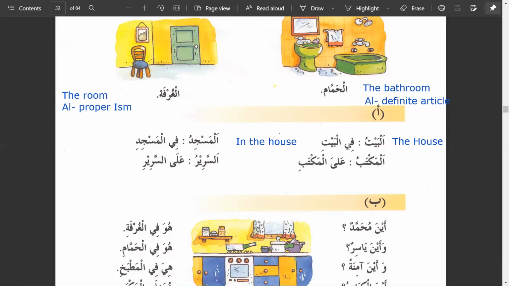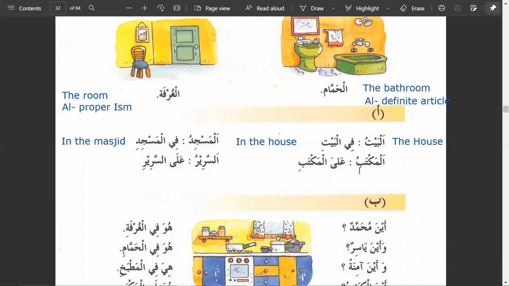Fi is a new word we are learning today. This is al masjidu. Fil masjidi: in the masjid. Excellent. You might have learned fi somewhere else, but in this book, in the 4th lesson, we are going to learn these words, inshallah.